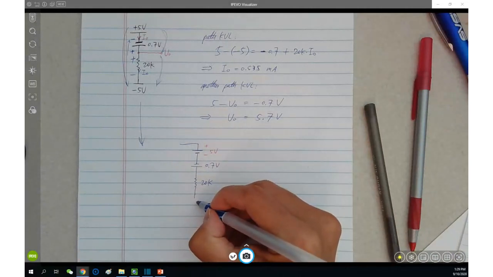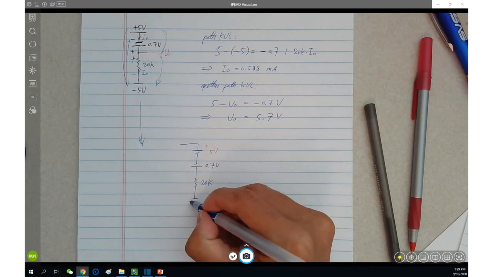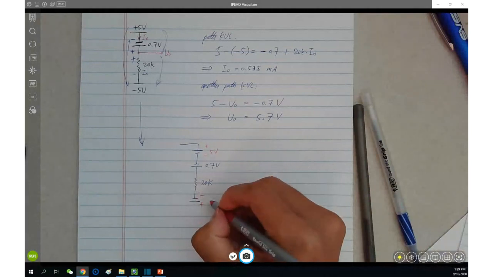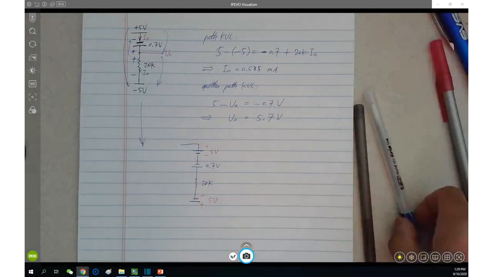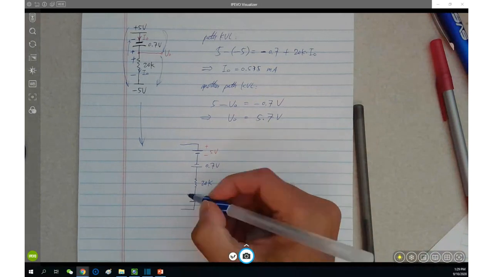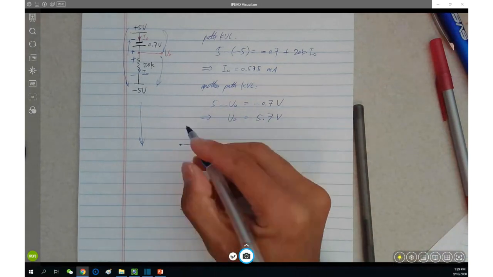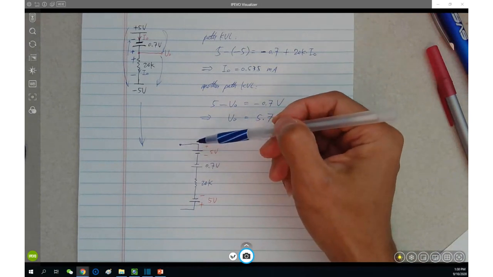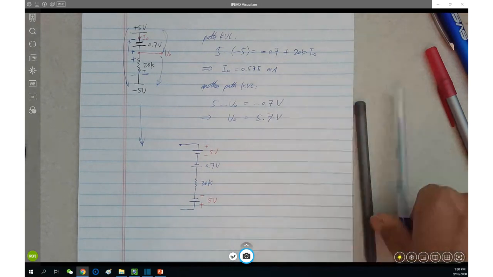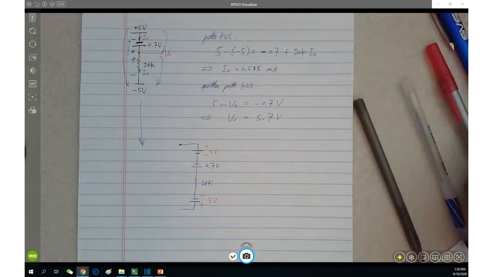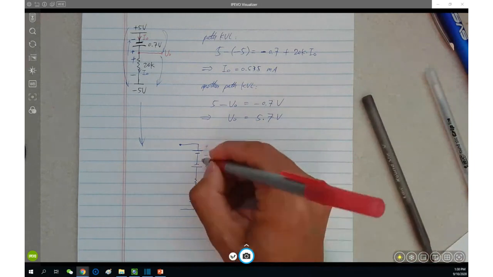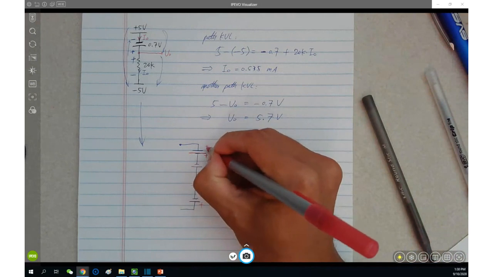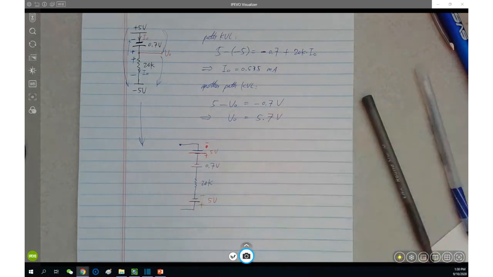And then we are reaching the negative 5 volt. So this terminal is what? Oh, I'm sorry. This is backwards, right? Completely backwards. This is a mistake. Much better, isn't it?